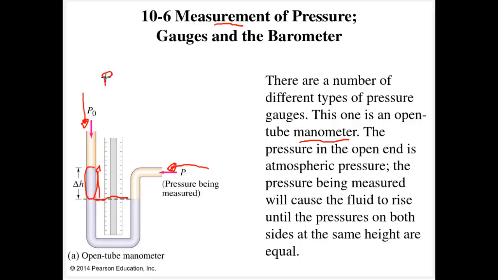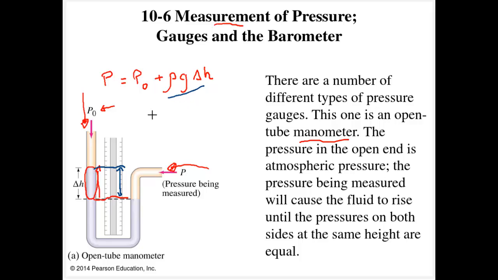What we can then say is the pressure that's being applied must be equal to the atmospheric pressure on one side, in addition to the density times gravity times the differential in height that we can now measure, and we can read that differential in height off of a scale. So that's how we get our height differential. That is going to have some pressure associated with it.